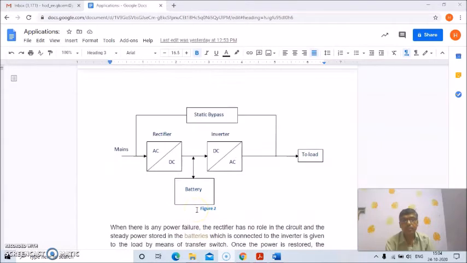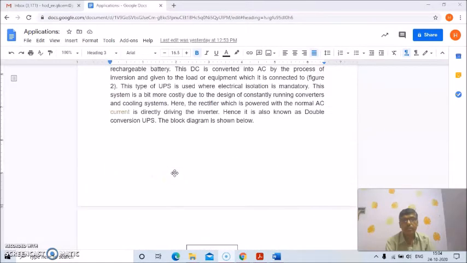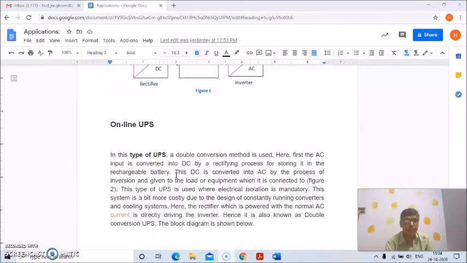Once again, this is the online UPS, and in this type of UPS a double conversion method is used, as I showed you. The first AC input is converted into DC by a rectifying process for storing it in the rechargeable battery, and this DC is converted into AC by inversion and given to the load or equipment connected to it.